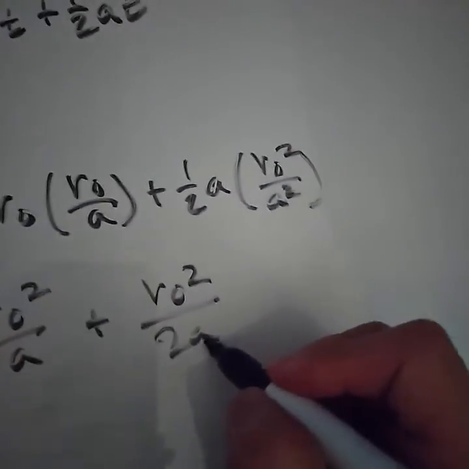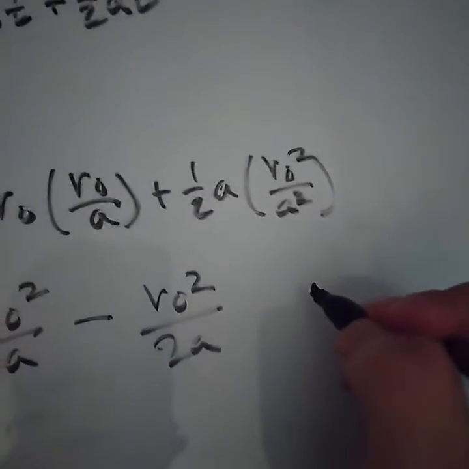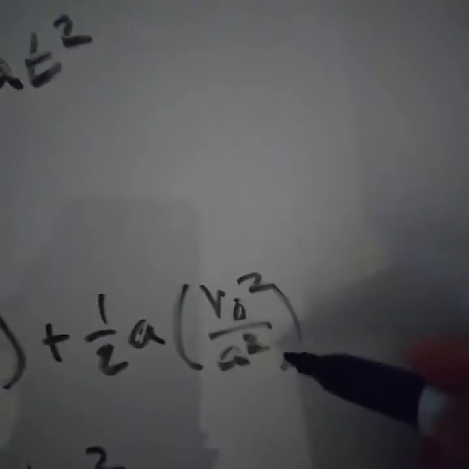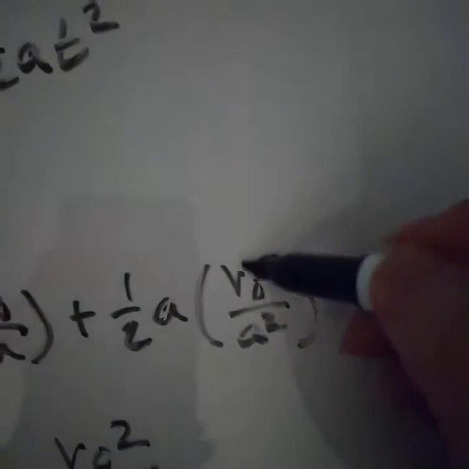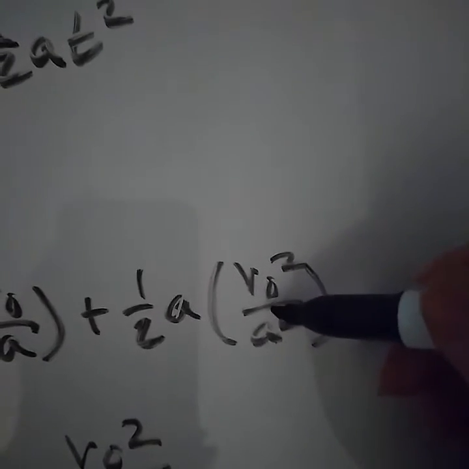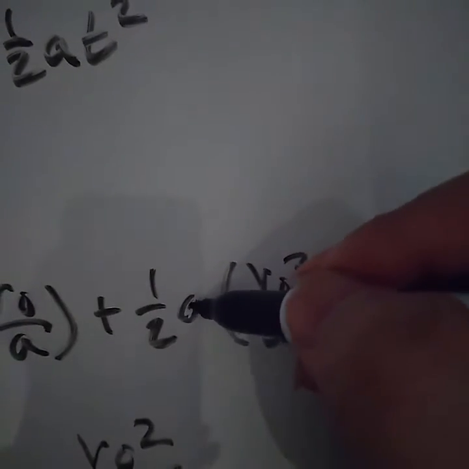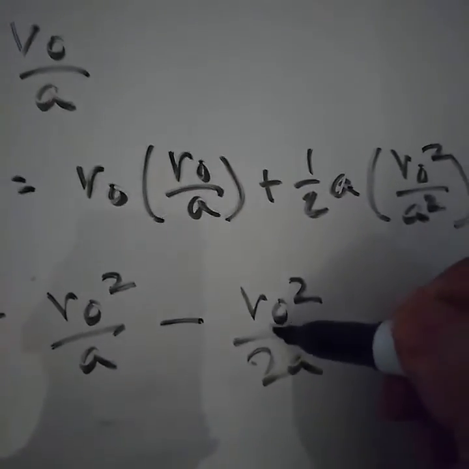So now plugging A equals negative in, that means we're going to have minus. Keep in mind that A is negative and it's squared here, so this number is going to be positive. However, we still have this A, which is negative, and that's why this is going to be negative.